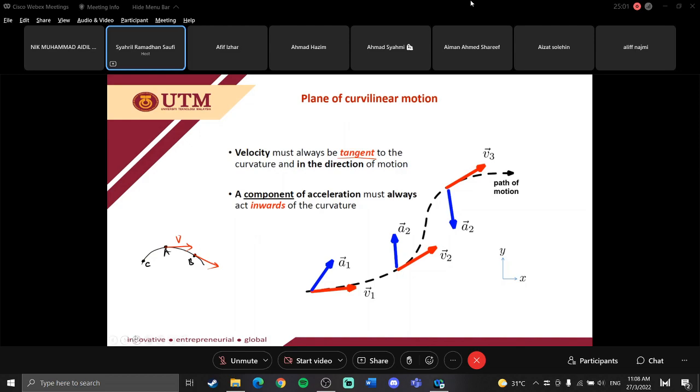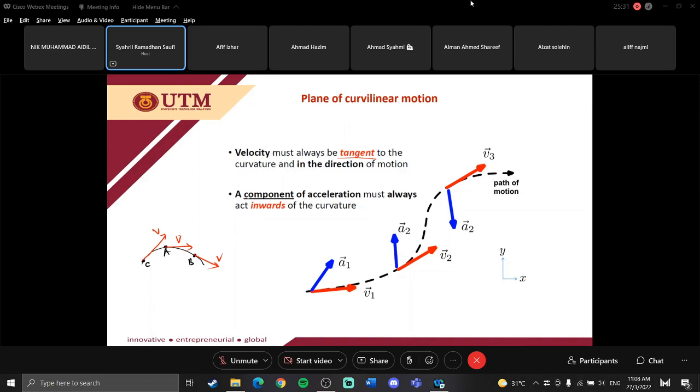So it means that the velocity direction will change according to the shape of the curve. Okay, so this is your V. So this is the important thing that you need to know. Velocity is always tangent to the curve and follows the direction of the motion. This is one parameter that you need to understand, the direction and also how to determine the direction with the curve.